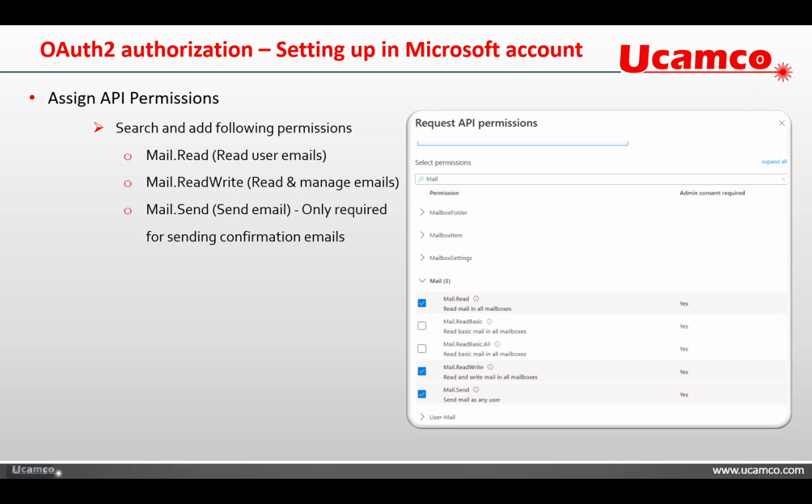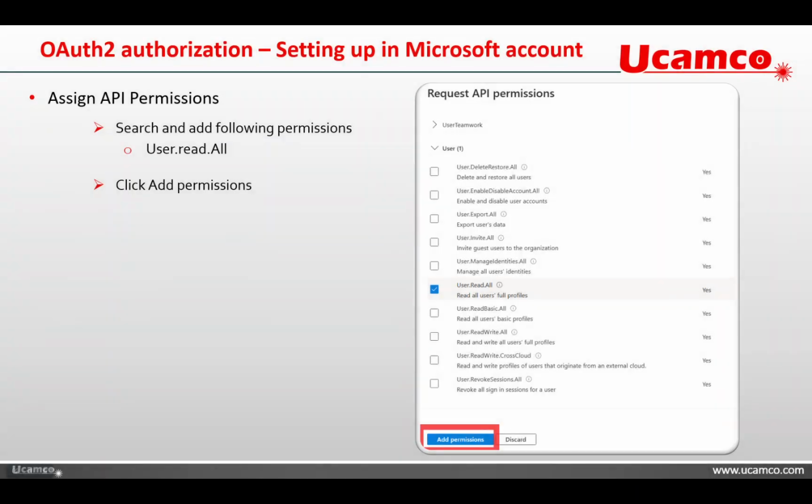So what you will do at the top section in your select permissions, filter for mail. That's going to be the easiest. And then you will get here a list of items that all have to do with mail. You tick mail.read, you tick mail.readwrite, and then you do mail.send. And apart from the mail, you also want to do something with user.